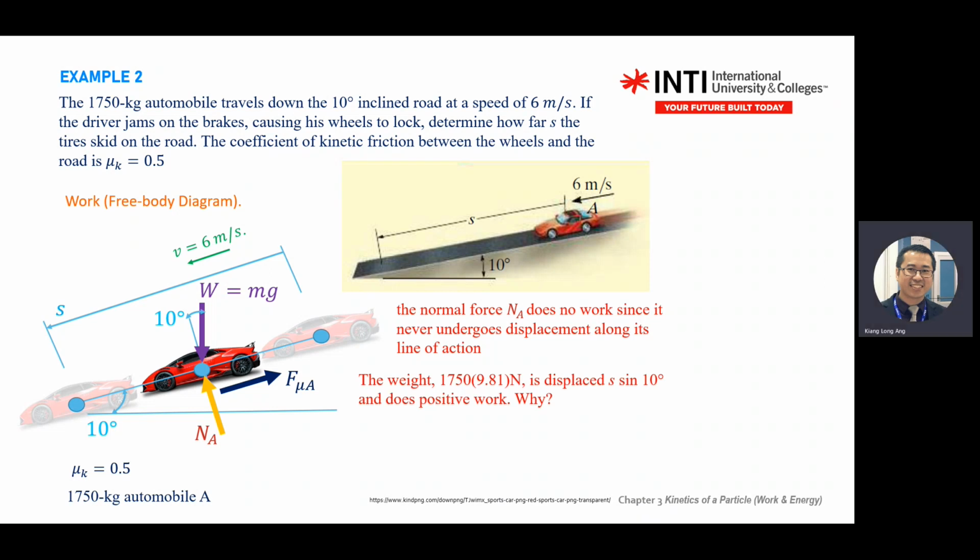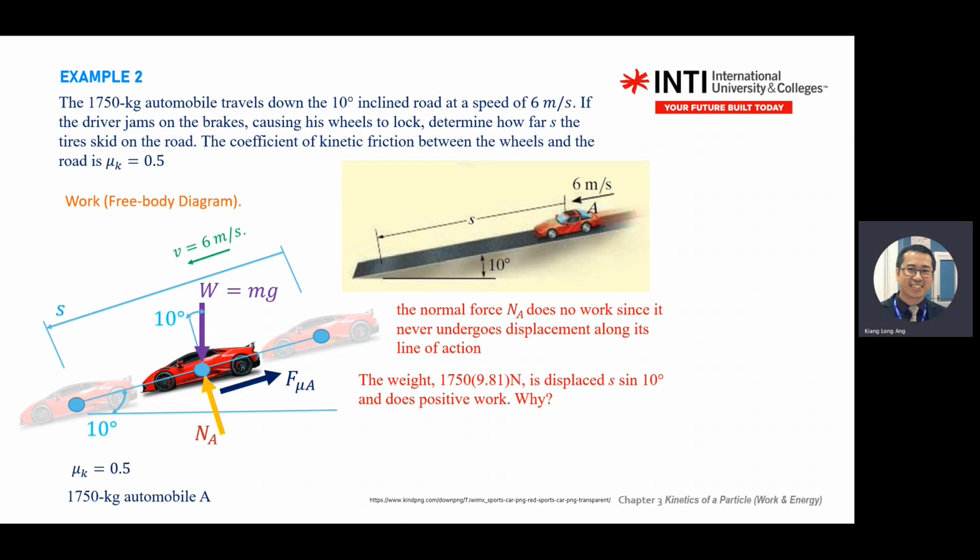In this case, your weight pointing down does positive work. Why? Can you explain why the W is doing positive work and not negative work? What is the definition of work again?